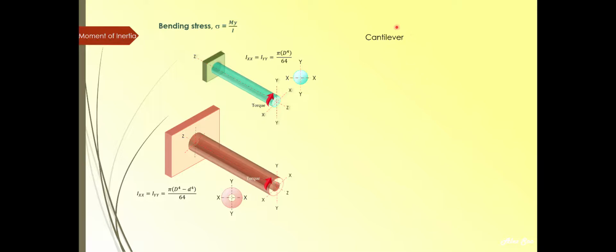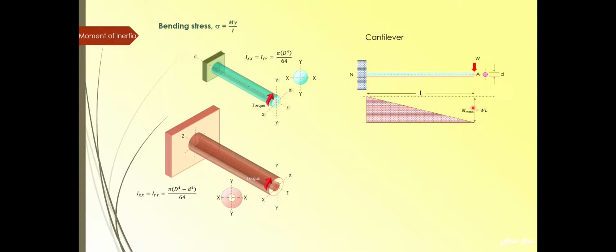So for cantilever, now we are looking at the condition of the maximum bending moment. For cantilever, you have this as the cantilever fixed at one end and free at the other end. If, for example, we have the point load acting at its free end, based on the diameter of the shaft D, then this is your bending moment diagram, which you have learned in your mechanics of engineering materials.